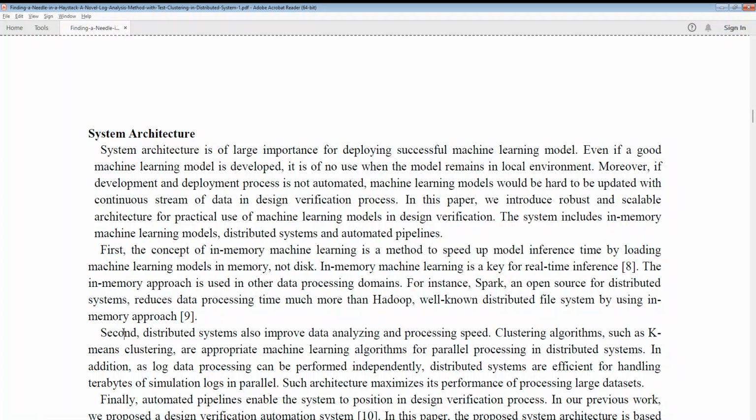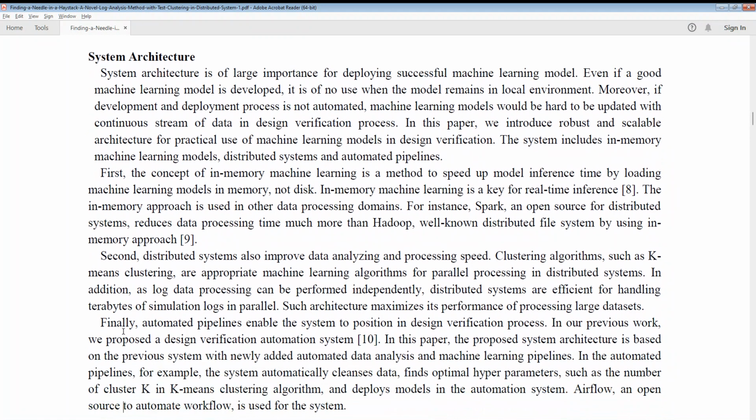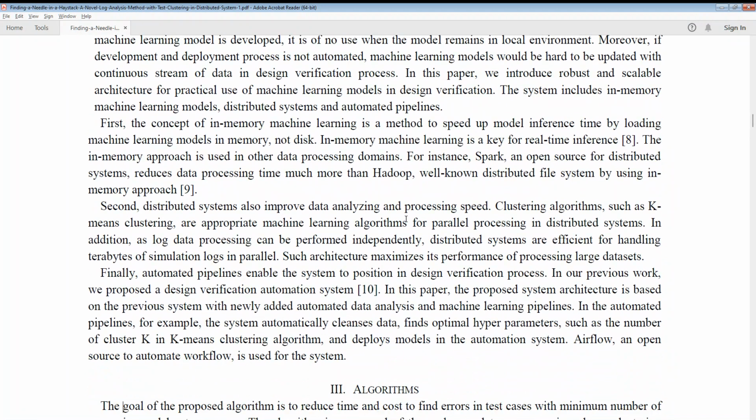Second, distributed systems also improve data analyzing and processing speed. Clustering algorithms such as K-means clustering are appropriate machine learning algorithms for parallel processing in distributed systems.